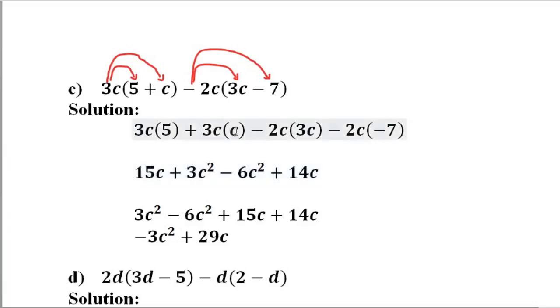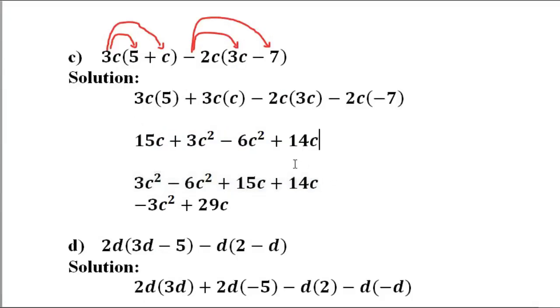Now positive 3c times 5 is 15c. Positive 3c times c is positive 3c squared. Negative 2c times 3c is negative 6c squared. Negative 2c times negative 7 is positive 14c. Now we look for like terms. We have positive 3c squared, negative 6c squared.